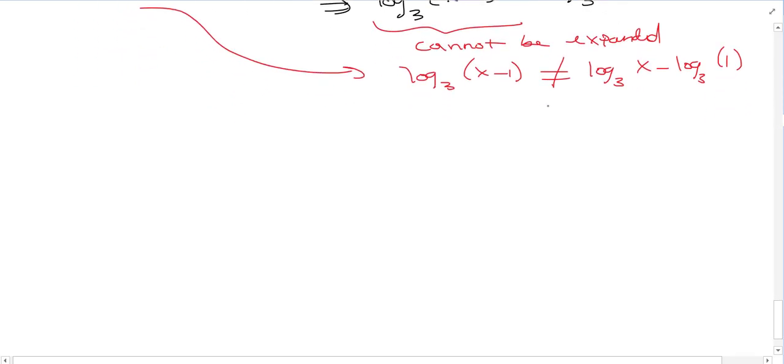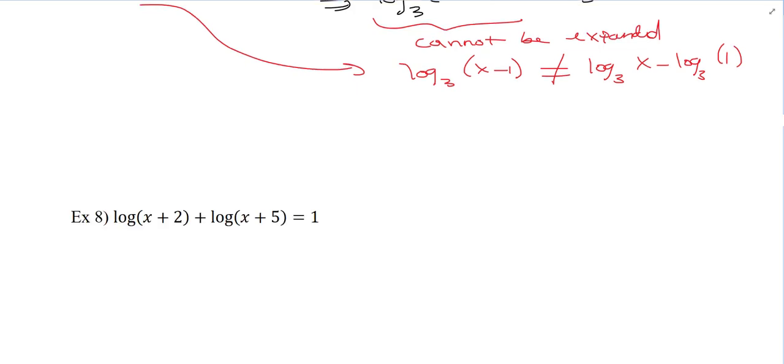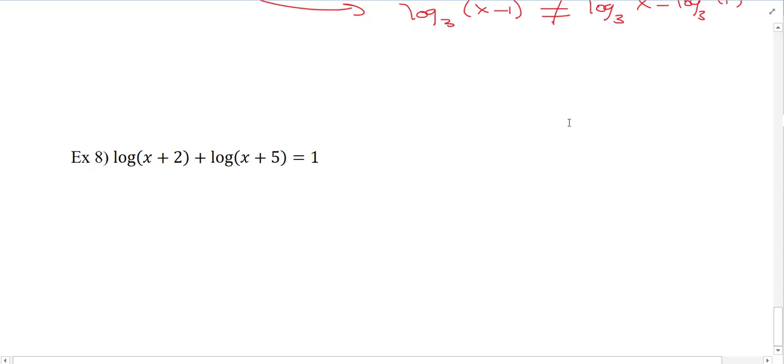Properties of logarithms are really helpful because they help us solve equations involving logarithms, and they also help us find domain and all this fun stuff that we've been doing. So let's try one. Let's say I want to solve log of x plus 2 plus log of x plus 5 equals 1. So how do I solve this?